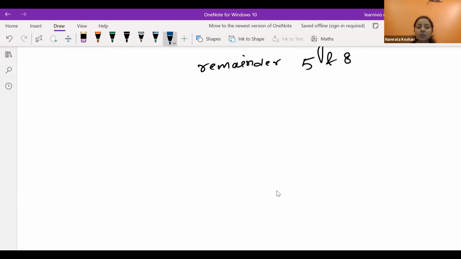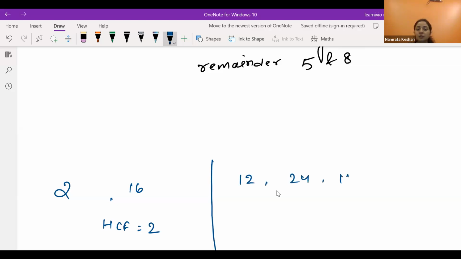If I'm telling you, let's find the HCF of 2 and 16. Can you tell me what will be the HCF? Yes, 2. If I'm telling you, what is the HCF of 12, 24, and 16, please tell me. Is it 12?